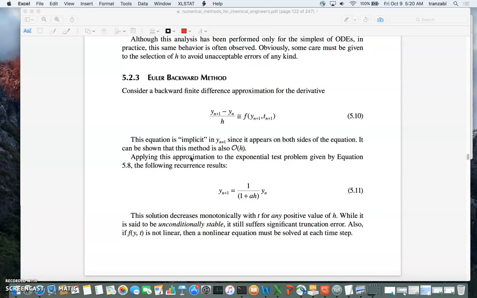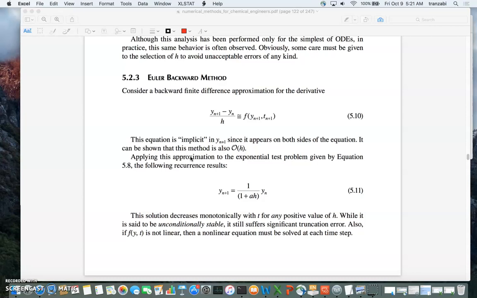You see very close connections between the ways we solve differential equations and the ways we do derivatives or integration numerically. In numerical integration, we had the trapezoidal rule. In the same way, we have here the trapezoidal rule for solving differential equations.